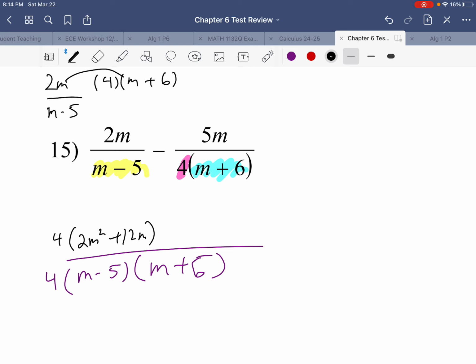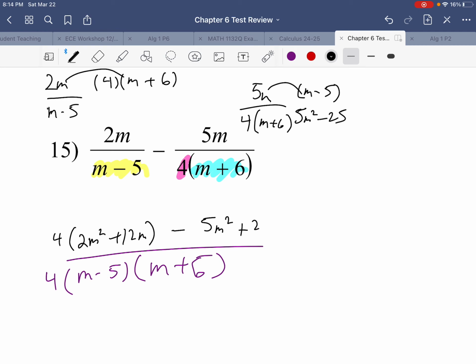And I'm subtracting 5m over the 4 times m plus 6, and I'm multiplying by m minus 5. So minus 5m squared. Now, if it's 5m squared minus 25, and I'm subtracting, then it's minus 5m squared plus 25m.